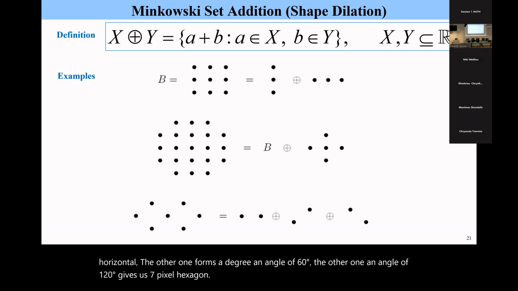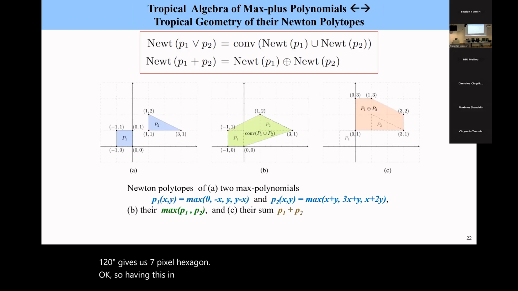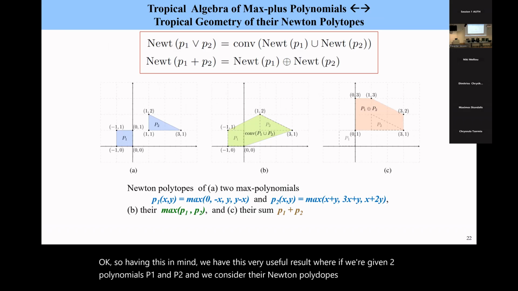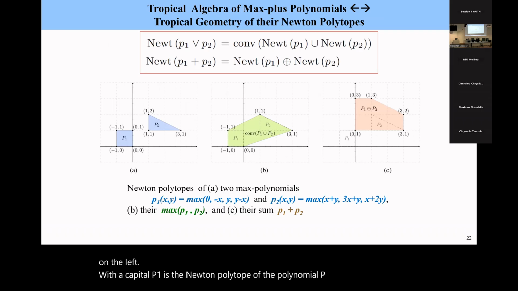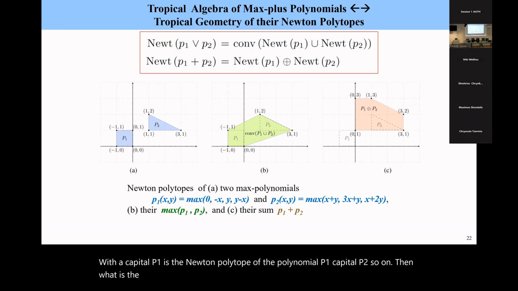Okay, so having this in mind, we have this very useful result where if we are given 2 polynomials, P1 and P2, and we consider their Newton polytopes, which you see here on the left, with capital P1 the Newton polytope of the polynomial P1, the capital P2, and so on, then what is the Newton polytope of, let's say, the maximum of the 2 polynomials?